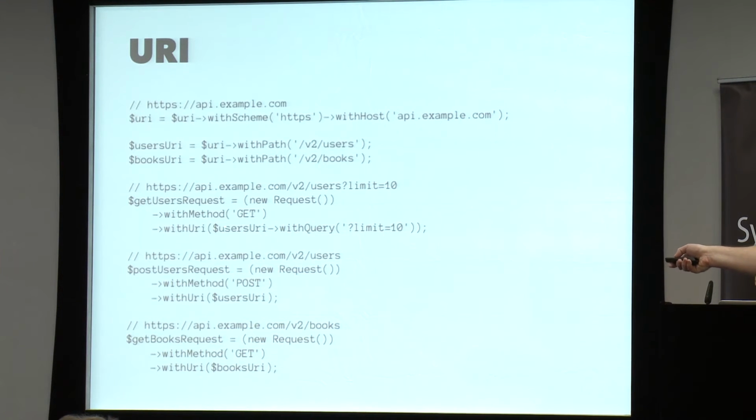And if we say user's URI with query limit 10, this doesn't impact the original user's URI, so when we use it down here, it still has its original state. So you can change things just before you pass them in, and it doesn't impact anything else. So the URIs are actually an interesting place to look at it, saying that this immutable object builder pattern type thing is actually pretty nice and can be useful beyond just being the way that it was implemented.